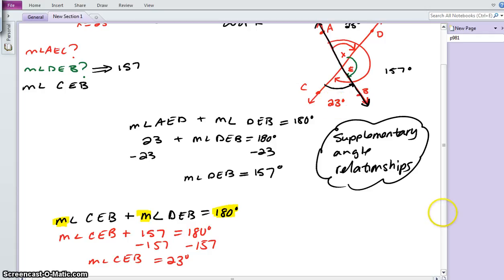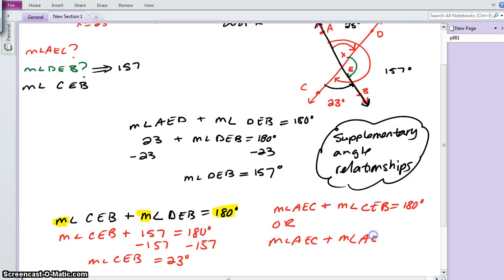And when I go to find the measure of angle AEC, I know that if I add it to the measure of angle CEB, I'll have 180, or the measure of angle AEC plus the measure of angle AED equals 180 degrees.